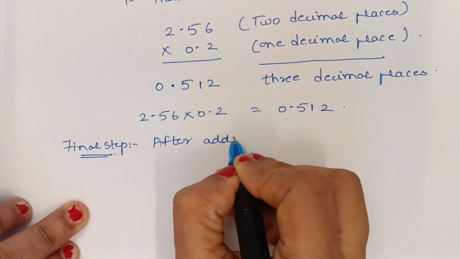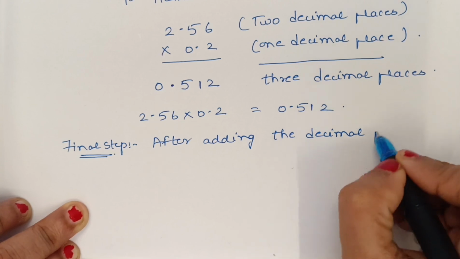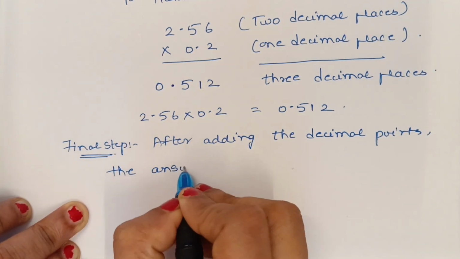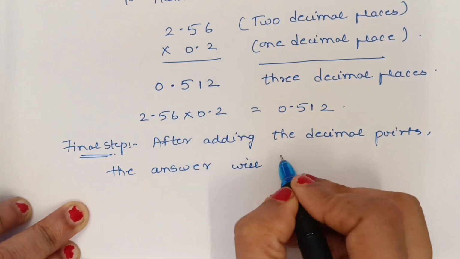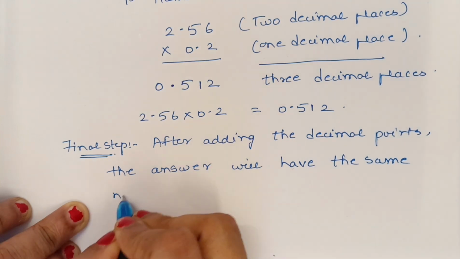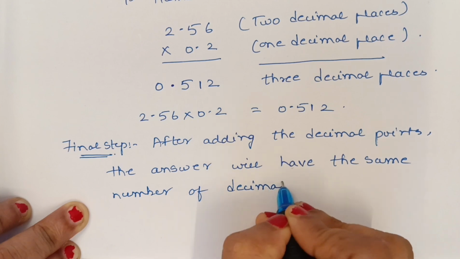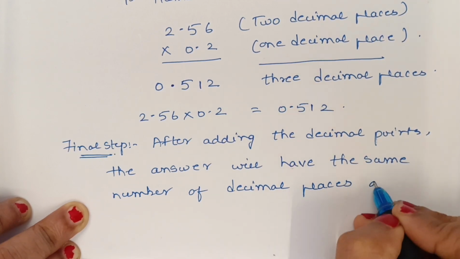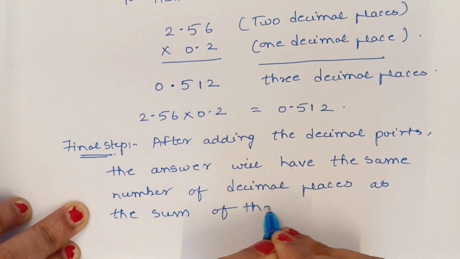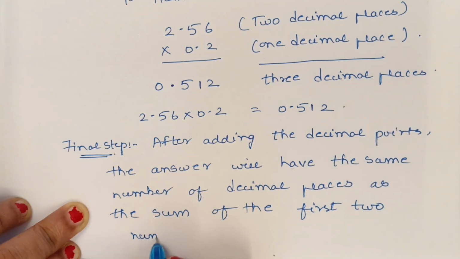So what is the final step we have to understand? After adding the decimal point, the answer will have the same number of decimal places as the sum of the first two numbers.